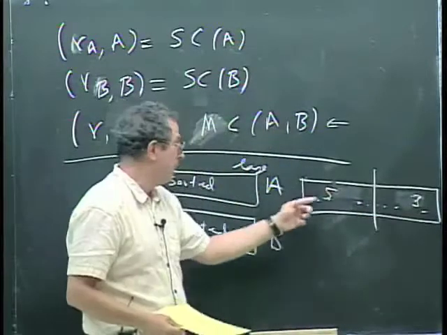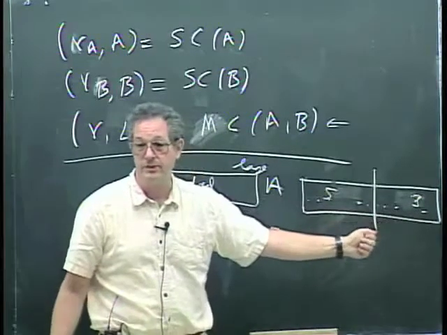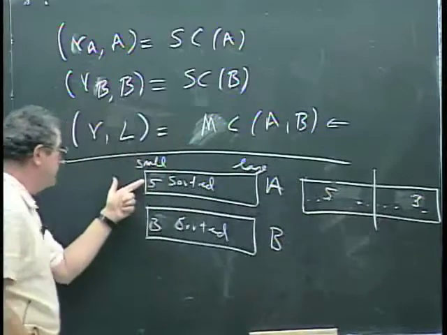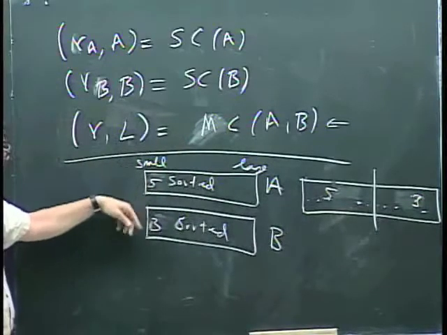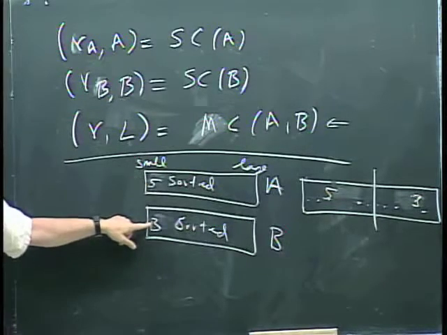And it doesn't matter where 5 was inside here or where 3 was inside there, that's definitely an inversion, right? So when we're doing a comparison between an element in A and an element in B, and we see that the element in A is bigger than the element in B, that's definitely an inversion.